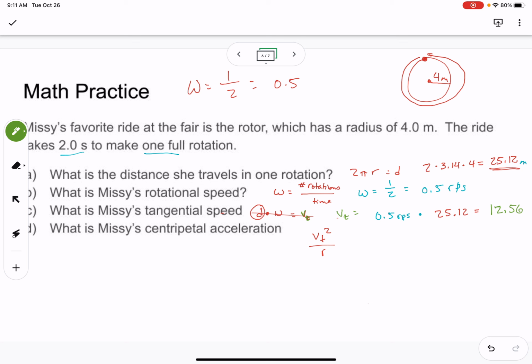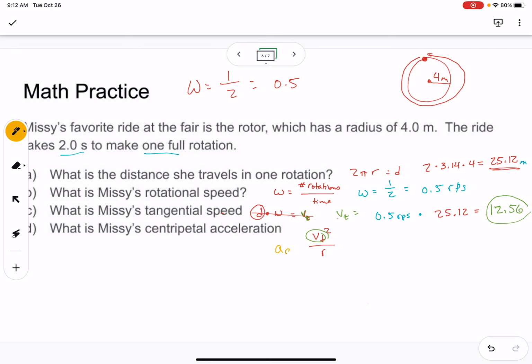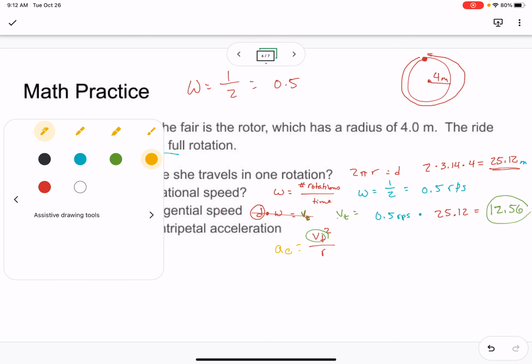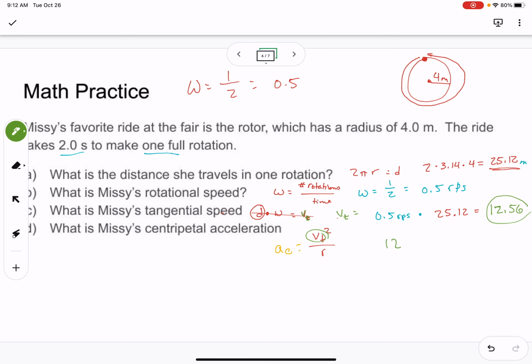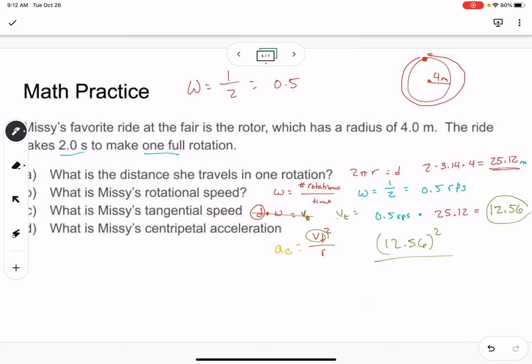So now we're going to plug this in to here. We're going to find Missy's centripetal acceleration. We plug in VT, which is 12.56, and that gets squared, and it's divided by the radius, which we found way back when, so divided by 4.